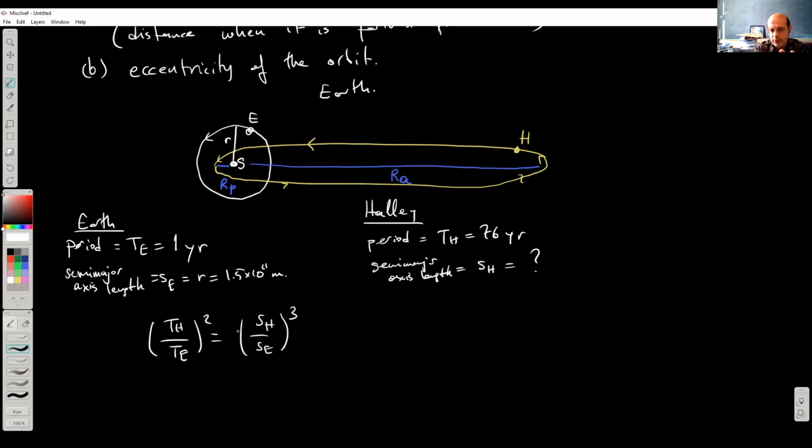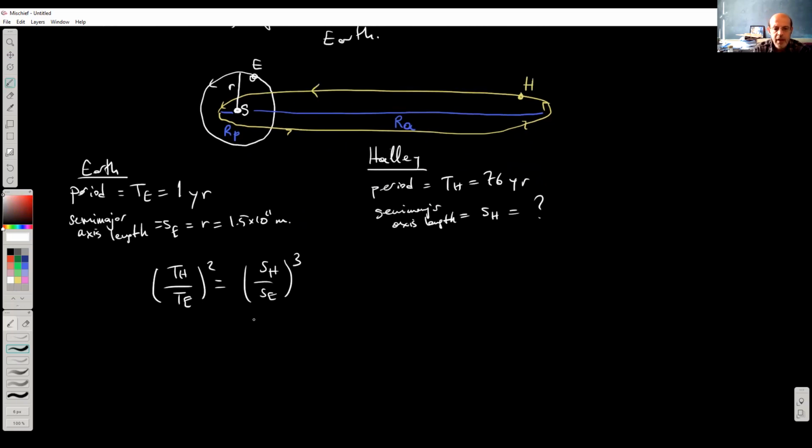I take this relationship and then take the ratio so that the proportionality constant is gone, which means SH over SE is given by the 2/3 power of the ratio of periods. So that ratio is 76. That's the nice thing about this information: both of them are given with the same unit, so I don't need to convert them to seconds.